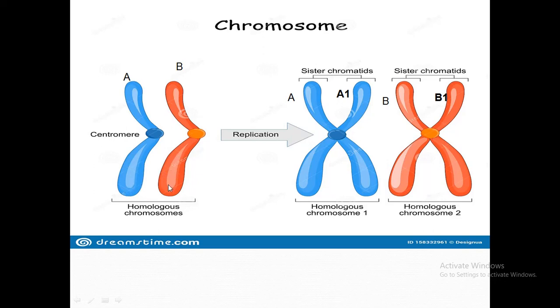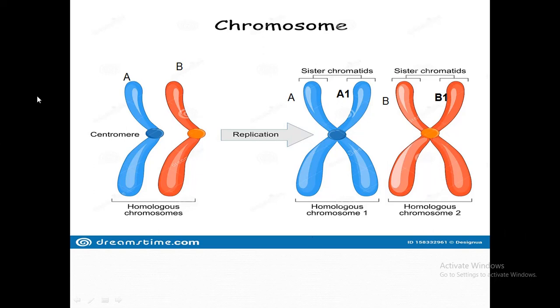So in a single pair of homologous chromosomes, one chromosome is called the maternal chromosome, the other chromosome is what we call the paternal chromosome. And here you can see one pair of homologous chromosomes. In metaphase, each chromosome has two sister chromatids, which will get separated during anaphase.